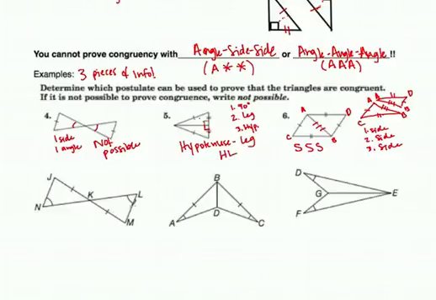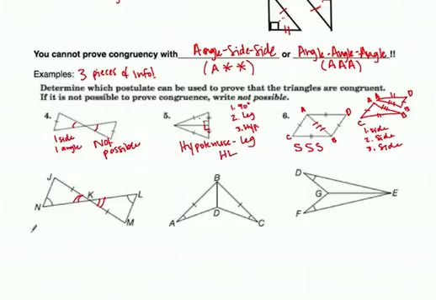Okay, so in example 7, I see that these two triangles are across from each other, and they're created by a line that intersected a line, and so that creates vertical angles, which means that this angle is congruent to this angle. Now I put those 2 marks on both of those angles because these angles already have those marks.